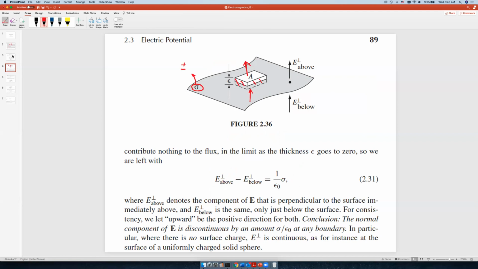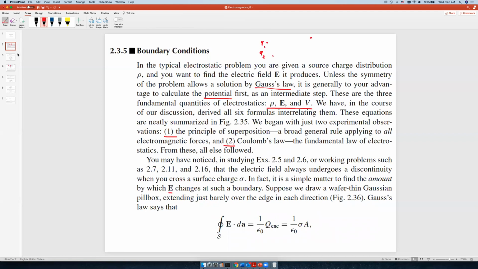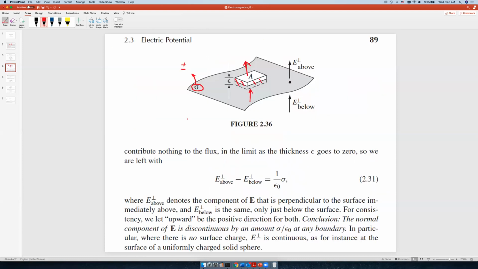Let's write it one more step. So this is the Gauss equation. From Gauss's law, if you want to calculate the integral of E, what you can do is, let's say E above, I'll use E_A to stand for E above, times A because it's going up.